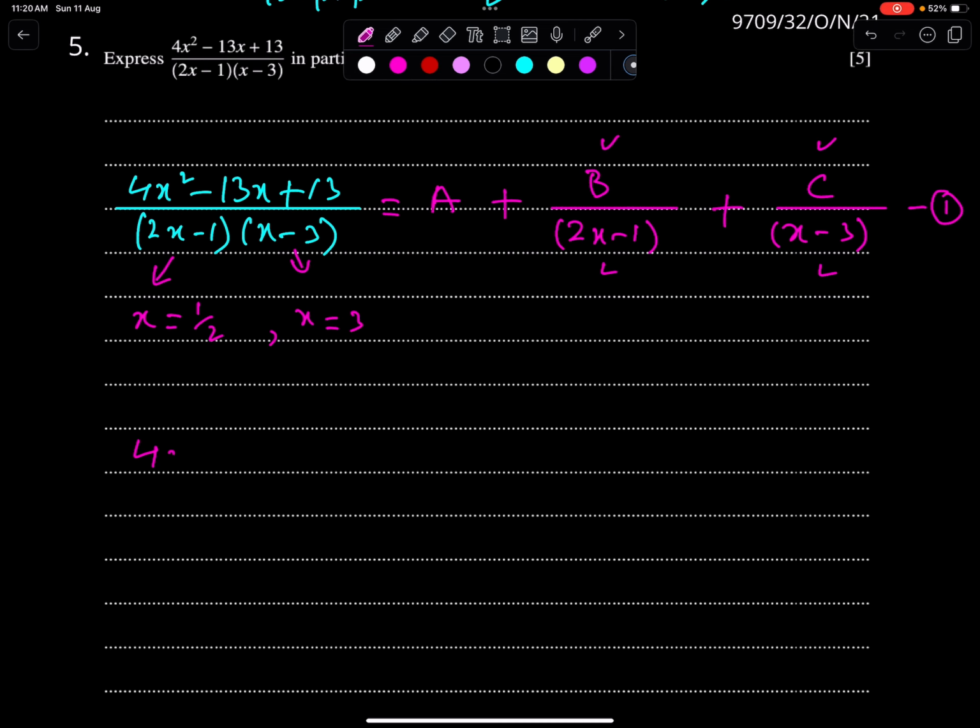So we have 4x square, 13x, 13, a times 2x minus 1, x minus 3, b times x minus 3, and c times 2x minus 1.